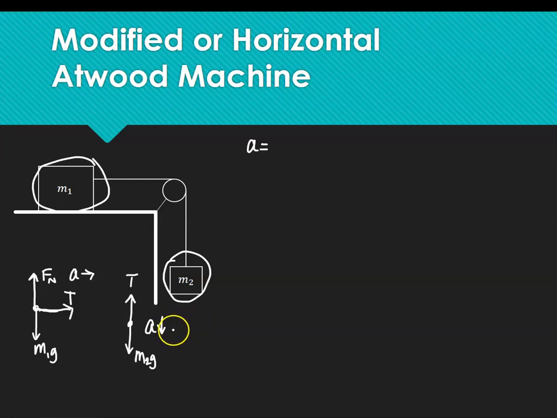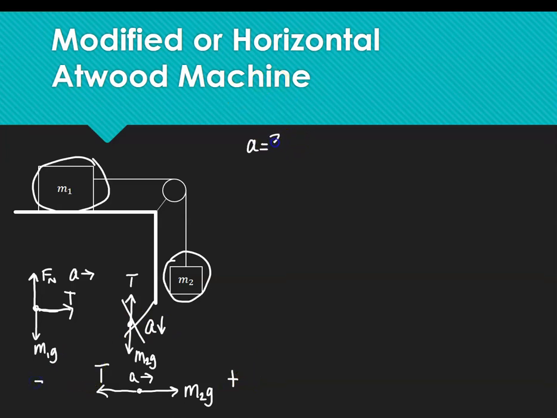And just as before, we have to align our accelerations to do this problem. So I'm going to take this free body diagram and I'm going to turn it so that the accelerations are going to be in the same direction. So acceleration is going to be to the right. So to the right is going to be positive, to the left is going to be negative.